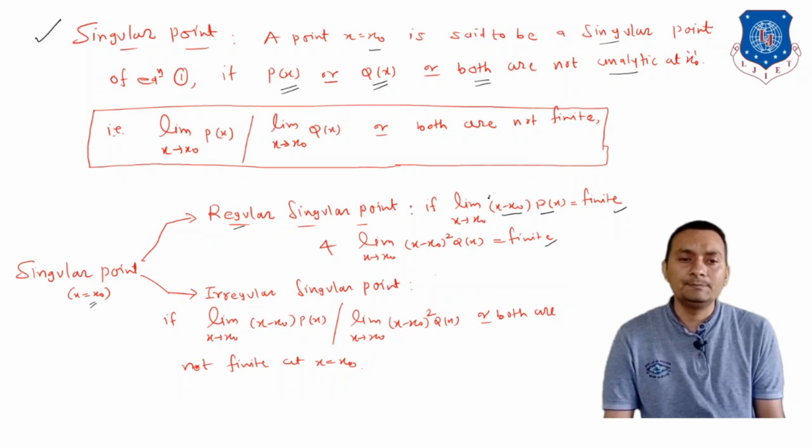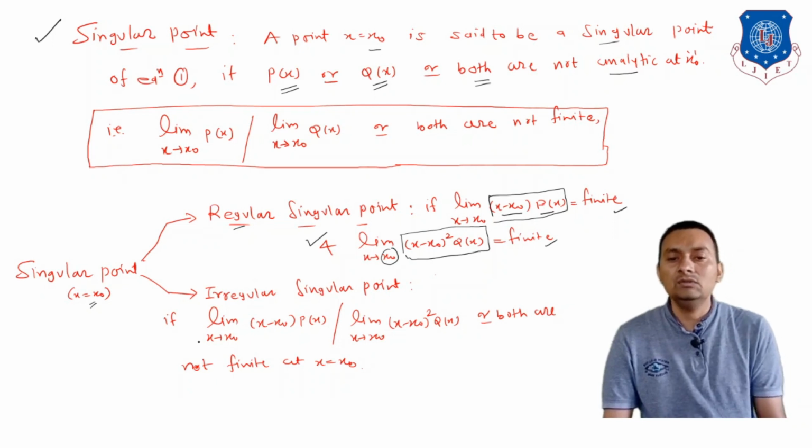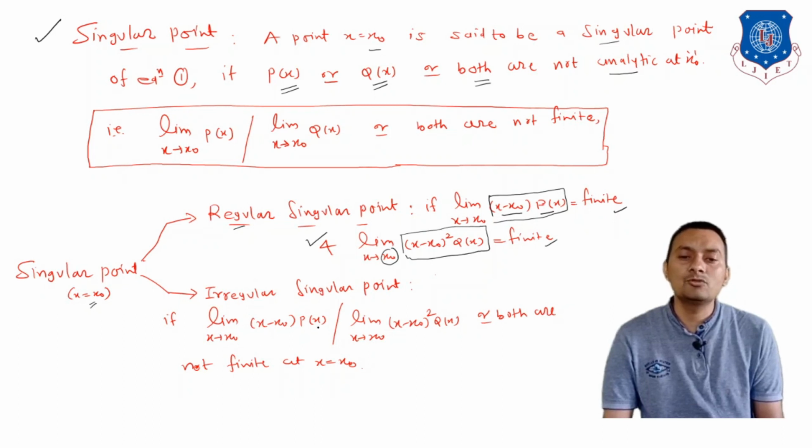This means that if both of these functions are analytic at x is equal to x0, then and only then can we say that x is equal to x0 is the regular singular point. But for our simplicity, I have mentioned it here with the limiting concept, so it will be better for you to see when we can say that the function is exactly analytic.